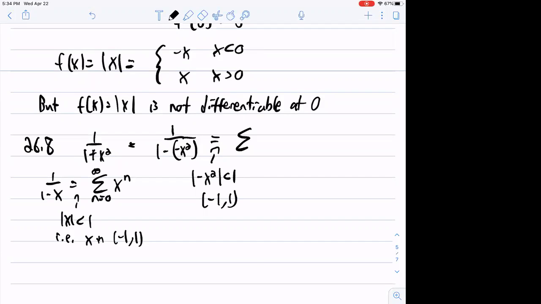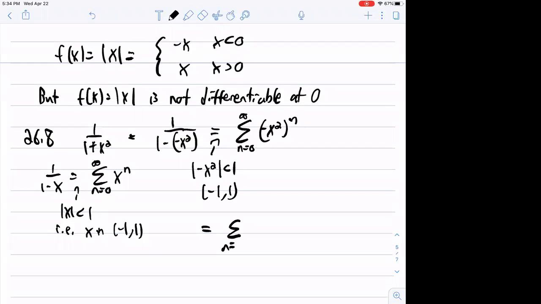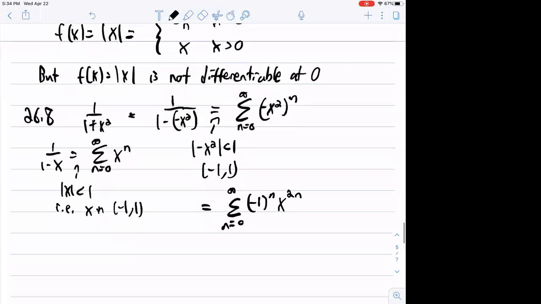So here I get negative x squared to the n. And if you bring it out and make it look nice, it's this. Okay, so that's part A.